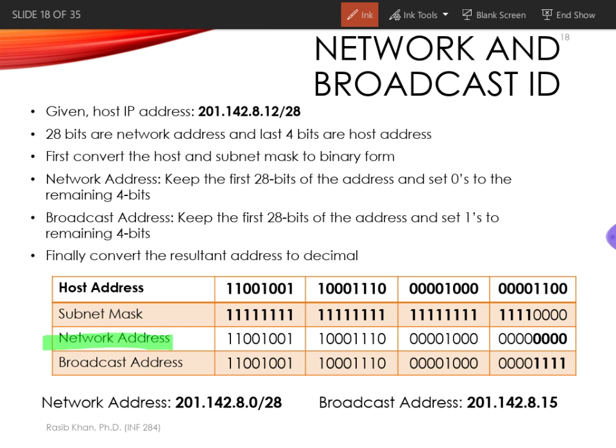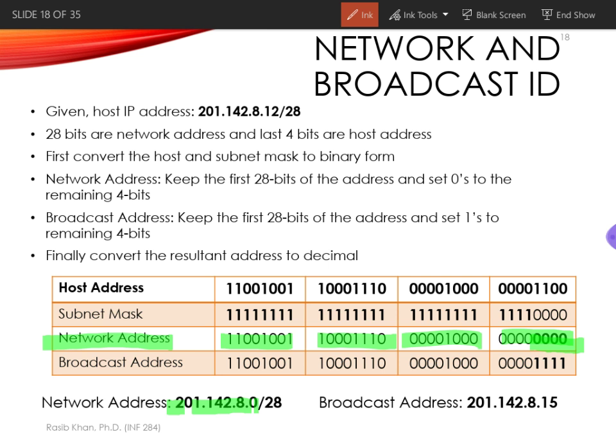Next, for the network address, we set all the bits in the host ID part to zeros, which are the last 4 bits, and we calculate the whole IP address individually as octets, and it translates to 201.142.8.0/28.